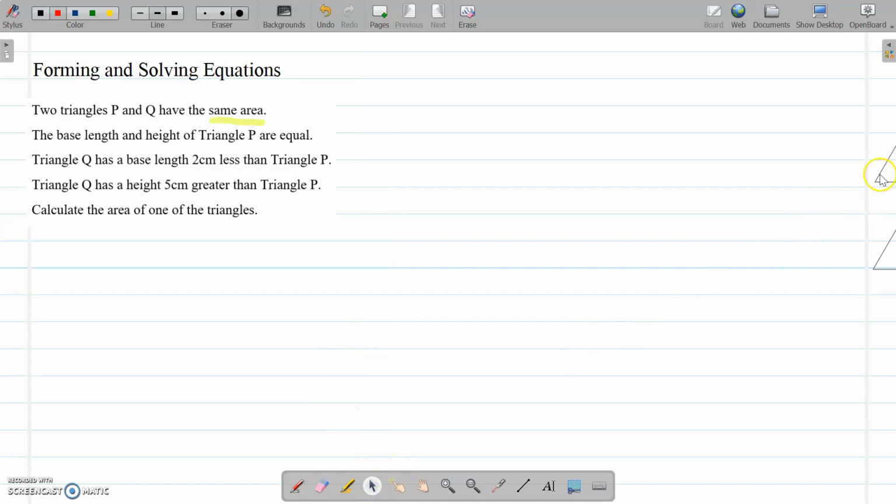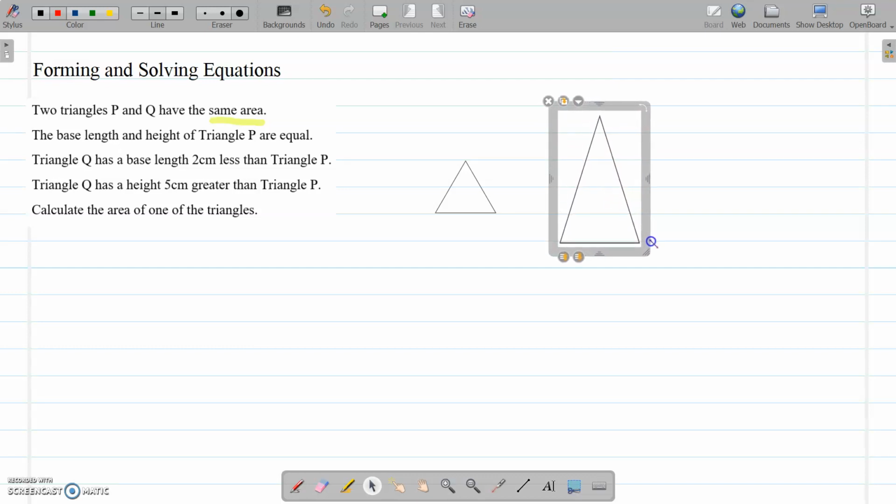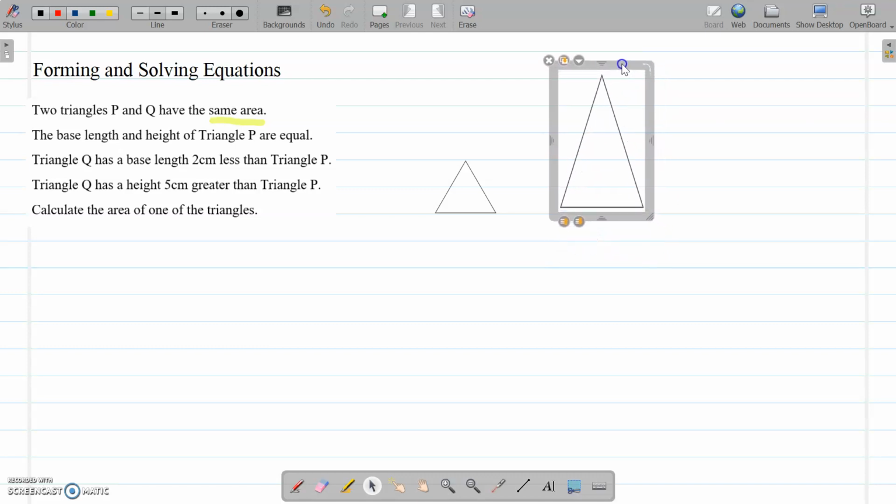So I'll just bring in a couple of triangles here, and we'll try and create an image of what this problem looks like. So there are our two triangles. At the moment, they're both equilateral triangles, so we can work on that. One of them is quite tall and thin, and the other one, let's make it a bit larger, that would be our triangle Q, because it's 2 centimeters less and 5 centimeters higher.